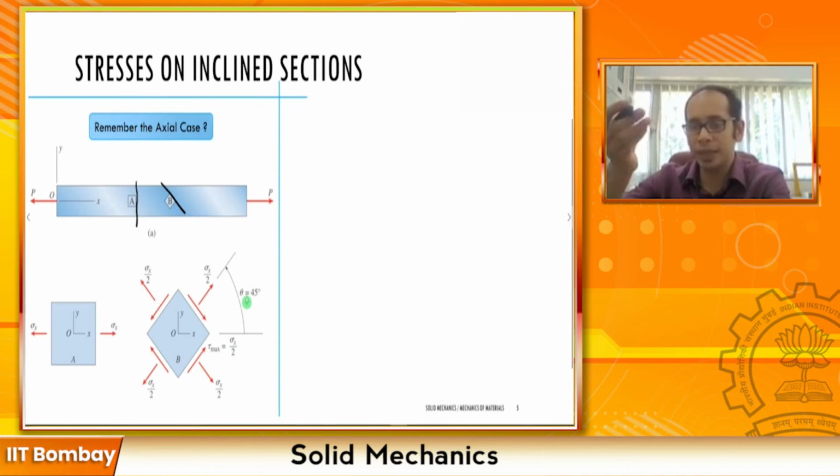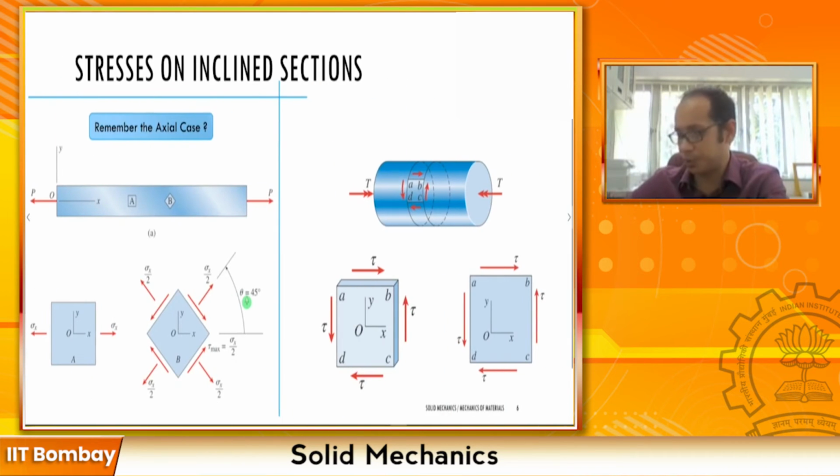Now let's look at the case of torsion. In torsion, if you do a similar thing and take an element which is perpendicular to the longitudinal axis, you are simply going to have the shear stresses tau.